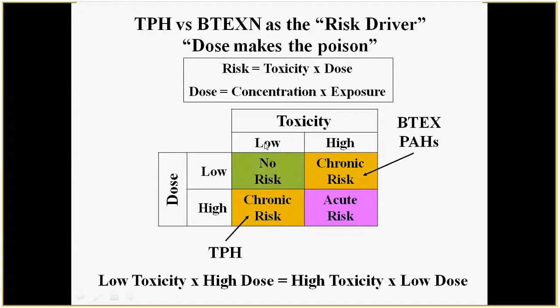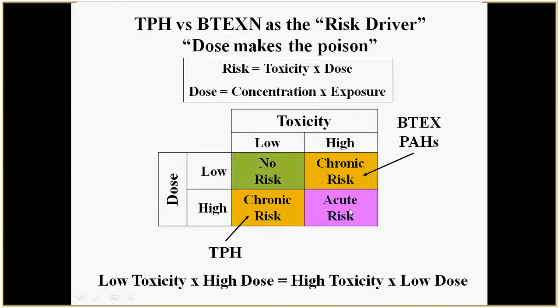But you can also have compounds, say like TPH, that are lower toxicity but have much higher doses, much higher exposure, and can pose a similar chronic risk, just as high as benzene, or even a higher risk than benzene, depending on the concentration in the soil. If it's a low toxicity, say TPH, and low exposure, then it's not going to be a significant risk.